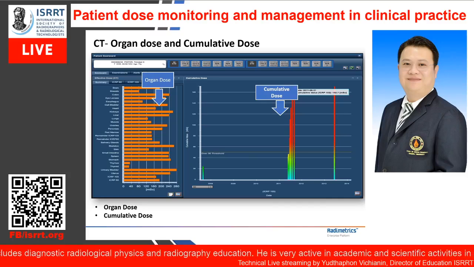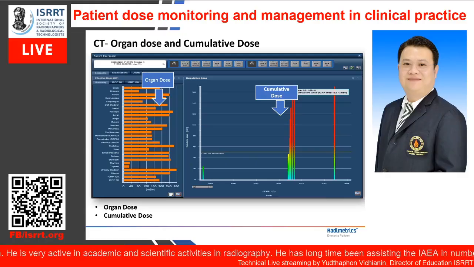Normally for the cumulative dose, since the modalities differ, CT, plain radiography, mammography, the dose metrics are different. So when we want to compare or harmonize the unit, we convert into effective dose.